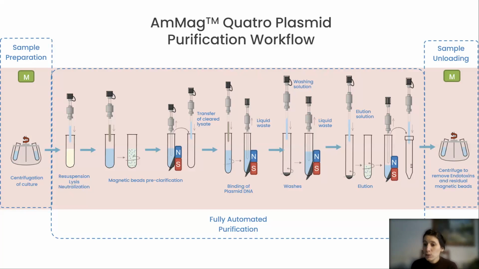That final centrifugation step is going to get you to that really pure plasmid by removing any potential carryover of magnetic beads, as well as any potentially leftover endotoxins in the sample. This is a key step to ensuring you're going to get a very good, clean plasmid.